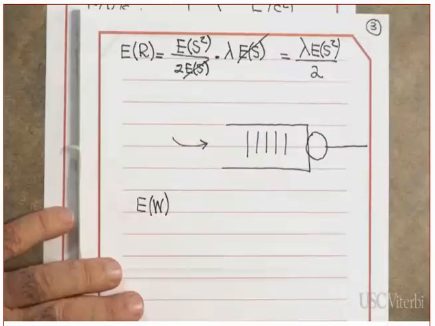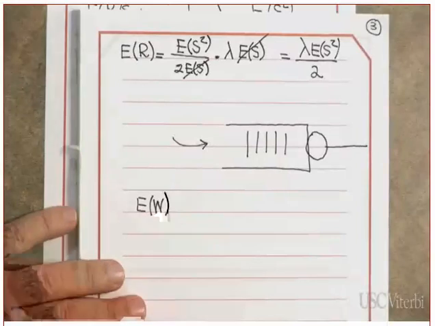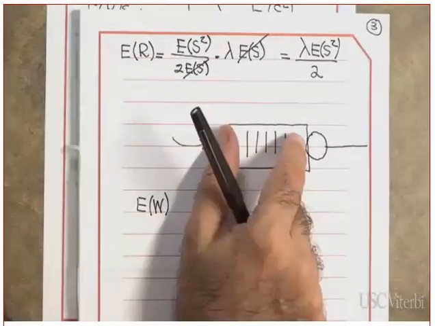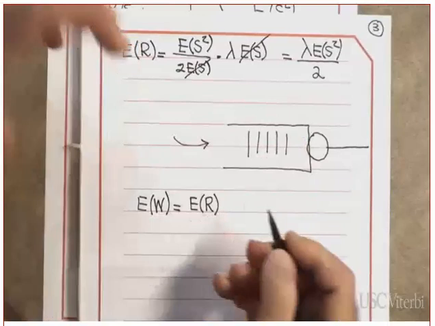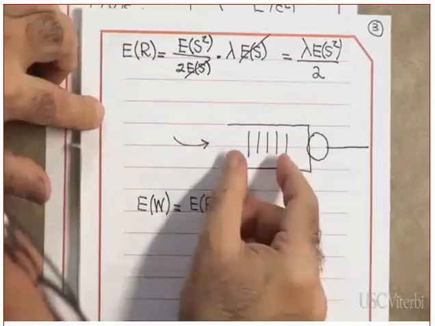Ahead of this arriving packet, there's the average number of packets waiting. I have E of W equal to E of R plus E of NW times E of S. What is E of NW? Using Little's law, it's lambda times E of W. Clear? Times E of S. Are you following me or not? Okay.